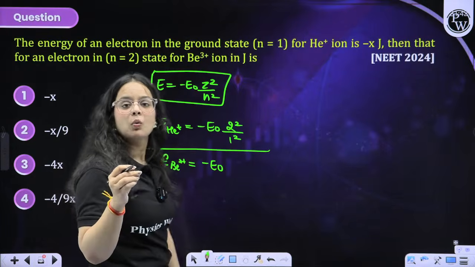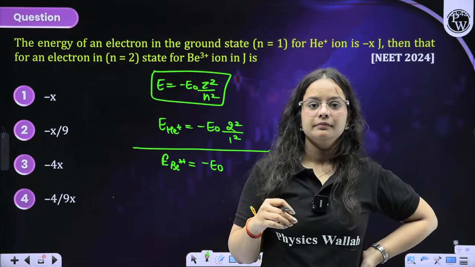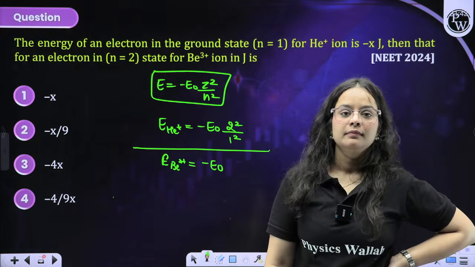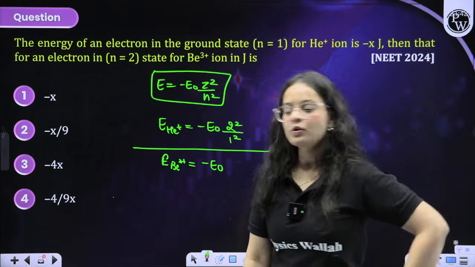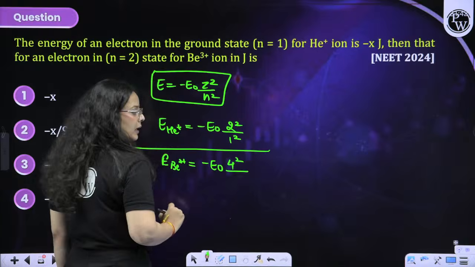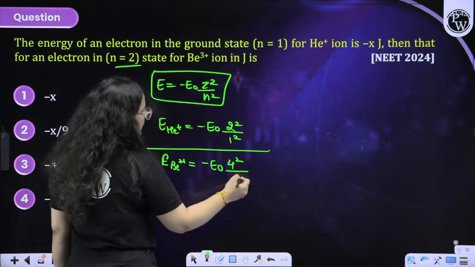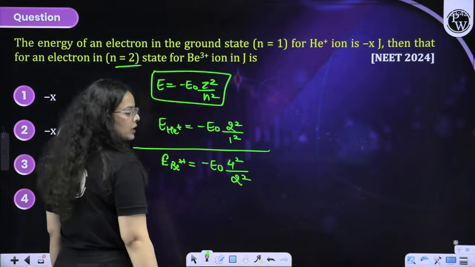For beryllium, what is the value of atomic number? Obviously, it is 4, so 4 square divided by n square. The n value for beryllium is 2, they are giving us over here. So just write 2 square.